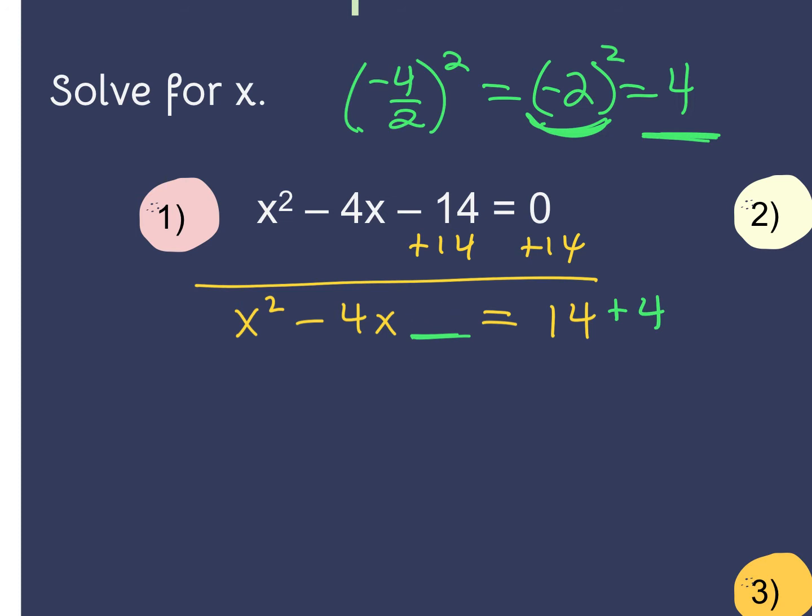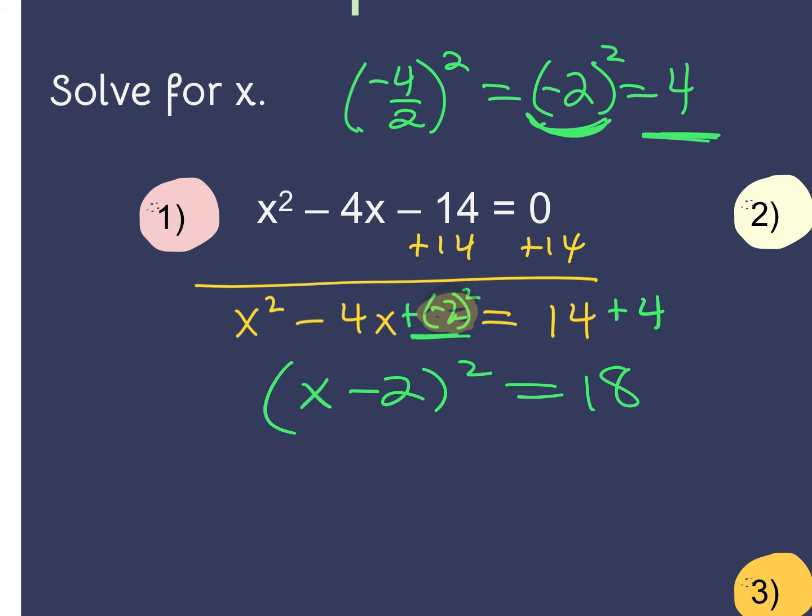So if I erase this, on the left side, I'm actually going to put this in as a -2 squared. Because now when I go to factor this trinomial, whatever number is here is going to go with my x. So I'm just going to put x minus 2 squared equals 18.